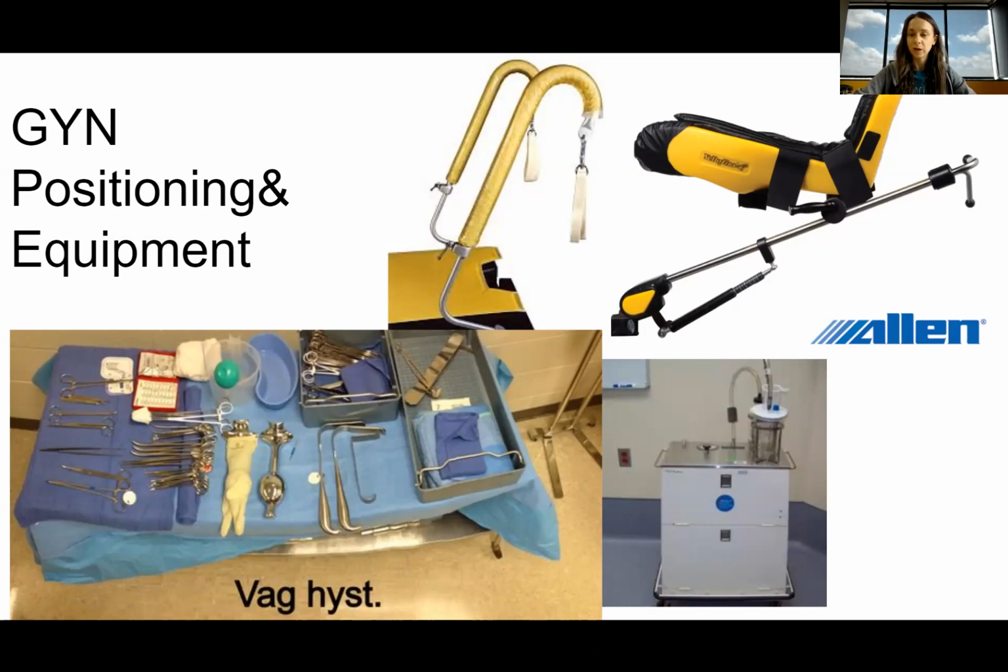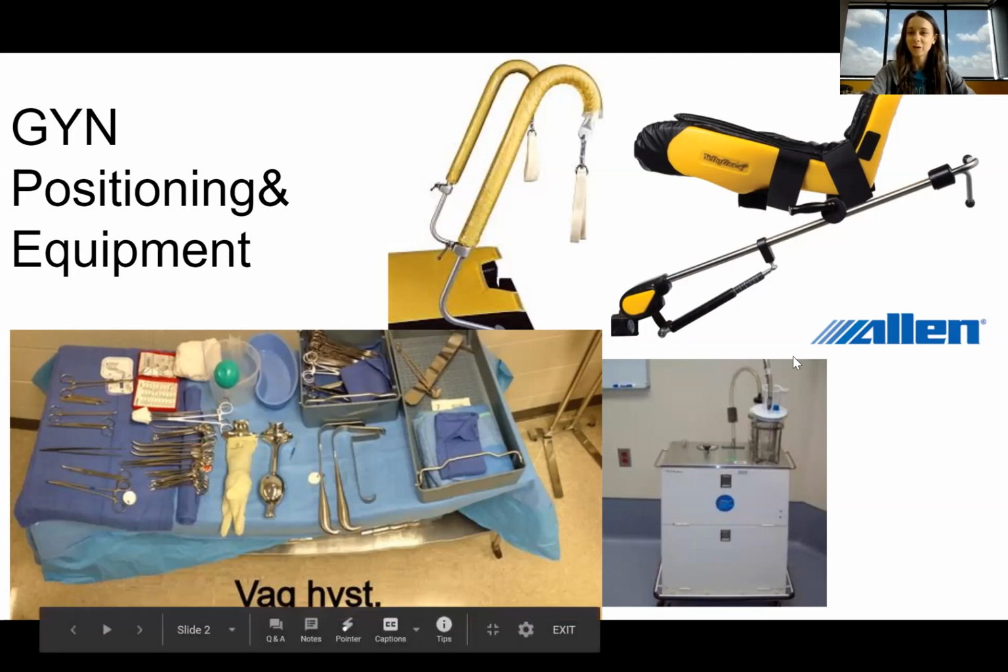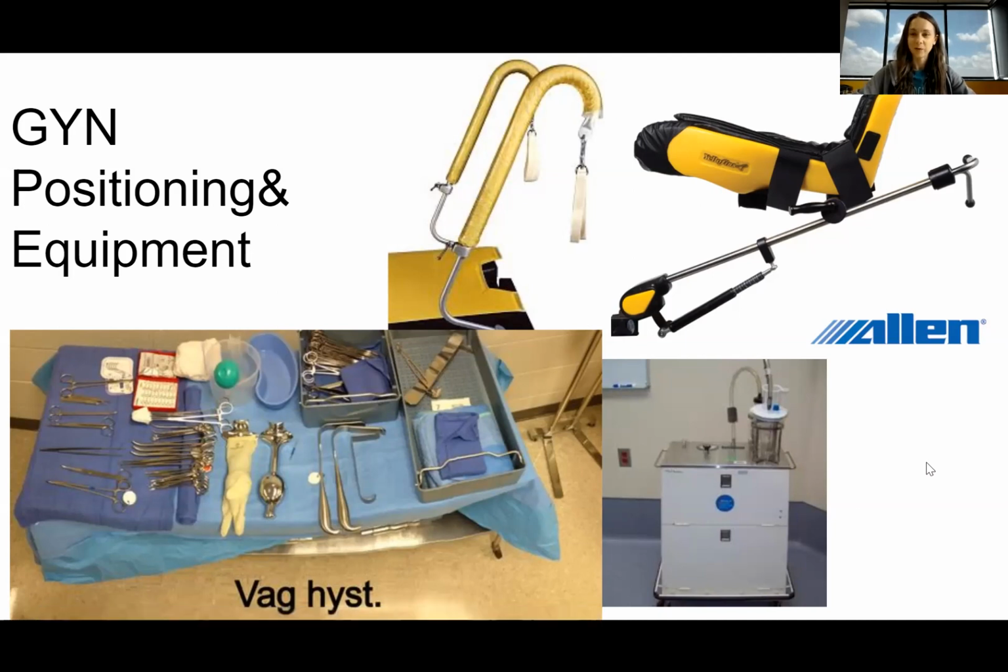Those usually are going to be suction DNCs, and I'll go over the difference between a DNC and a suction DNC. But if it's a suction DNC, then you will need this suction device. And it usually looks pretty old like this, just like the one in our lab for DNC procedures. So that's another piece of equipment you want to recognize when you see it. So DNC suction machine.